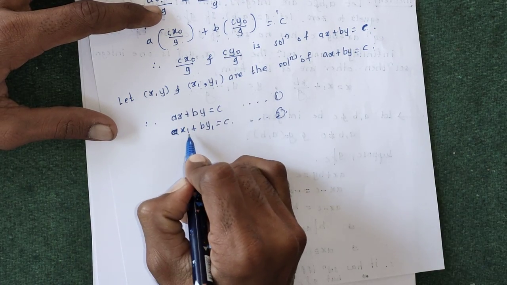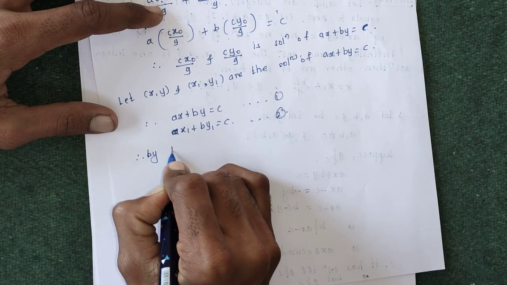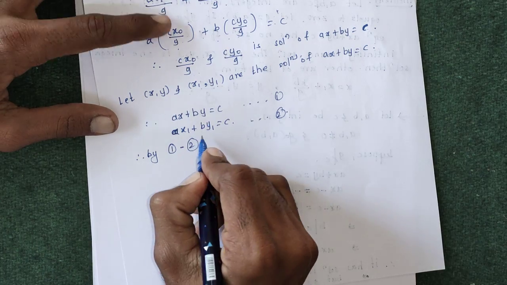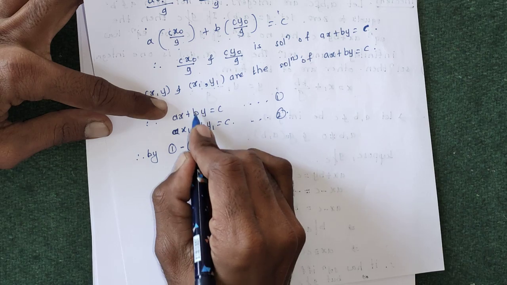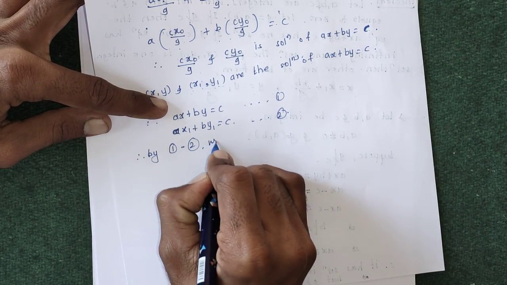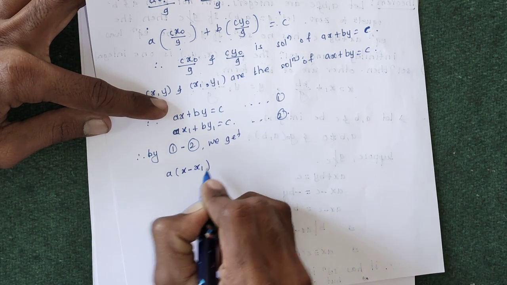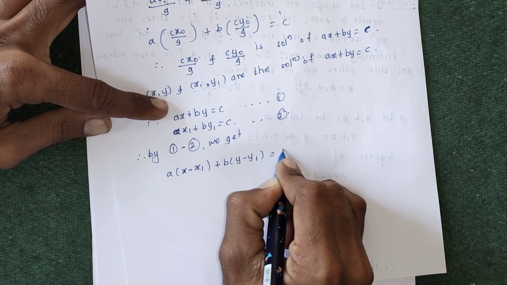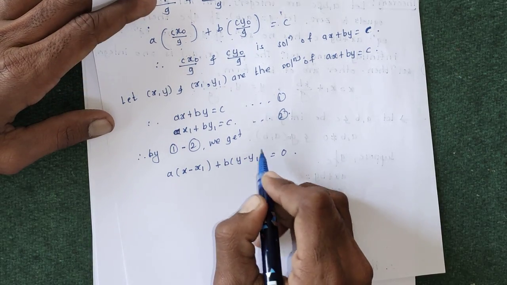Now subtracting equation number 2 from equation number 1, we get A common, x minus x1, and B common, y minus y1, and C minus C is 0. We get A times x minus x1 plus B times y minus y1 is equal to 0.